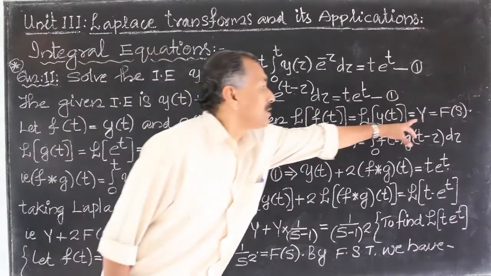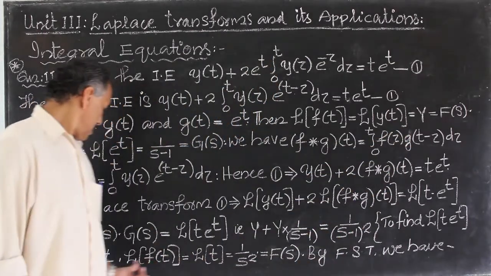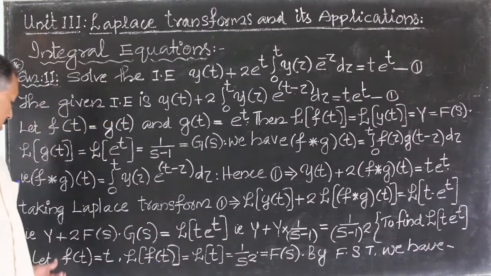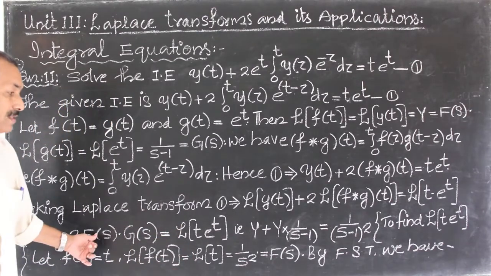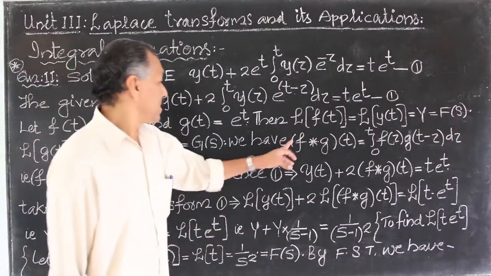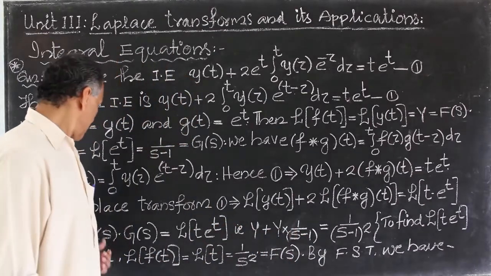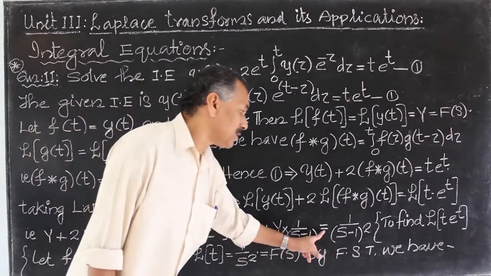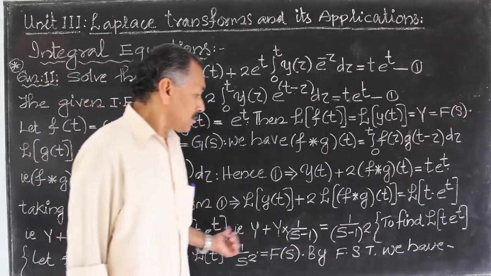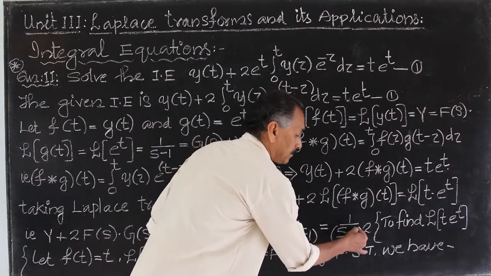The F of s is the Laplace transform of small y, which is capital Y. What is G of s? 1 divided by s minus 1. So F of s into G of s is equal to the Laplace transform of t e raised to t, and the Laplace transform of t e raised to t is equal to 1 divided by s minus 1 squared.